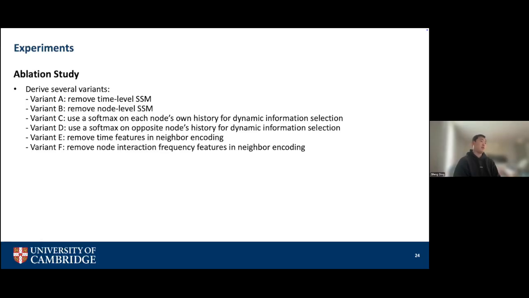We should note that variants C and D both do not use any temporal pattern for dynamic information selection. It just introduces extra parameters for learning from the data's pattern. In variant E, we remove the time features in the neighbor encoding, and in variant F, we remove the node interaction frequency features in neighbor encoding.